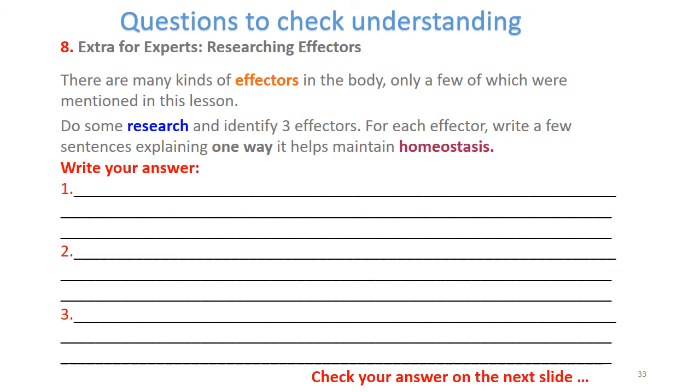For each effector, write a few sentences explaining one way it helps maintain homeostasis. And write your answer. Remember, you need to research 3 effectors. You can check your answer on the next slide, which will give 3, but you may have different answers.